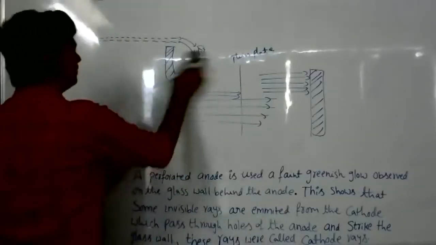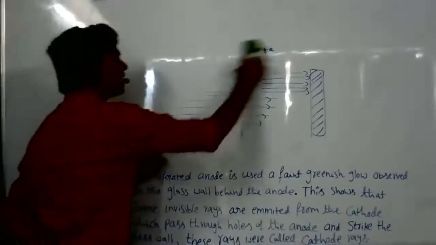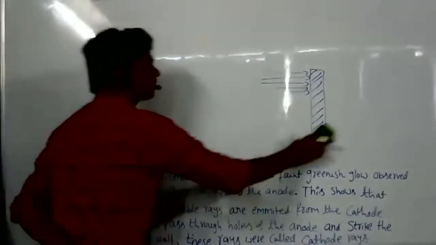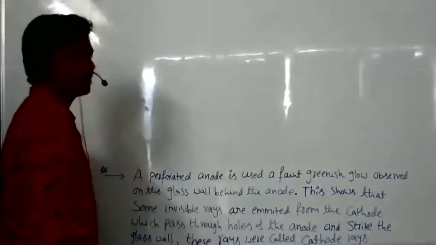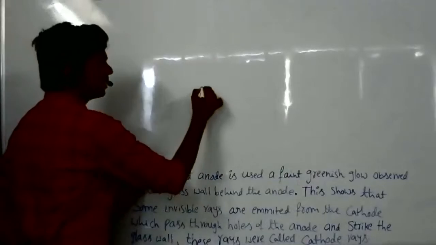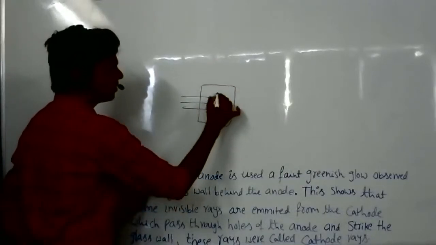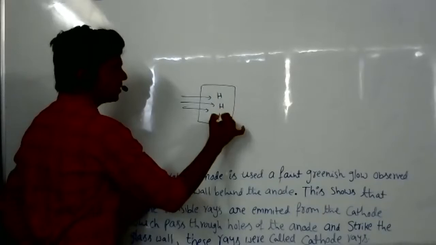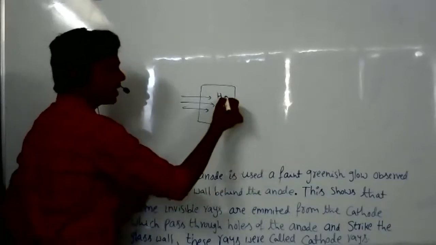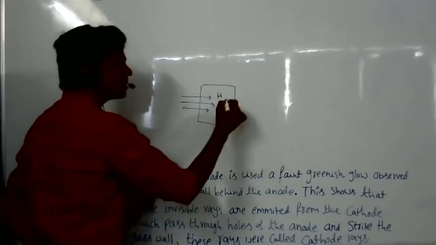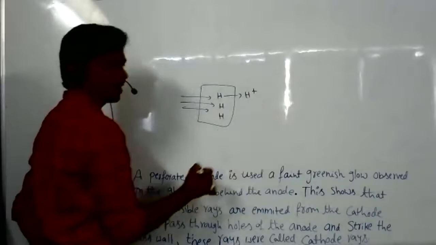Okay. And when cathode rays are passed through any gaseous substance, suppose hydrogen. Here hydrogen gas is inside the chamber. Cathode rays are passed. The hydrogen atoms lose electrons. Suppose hydrogen has only one electron. If it loses that one electron, it can form an H plus ion.